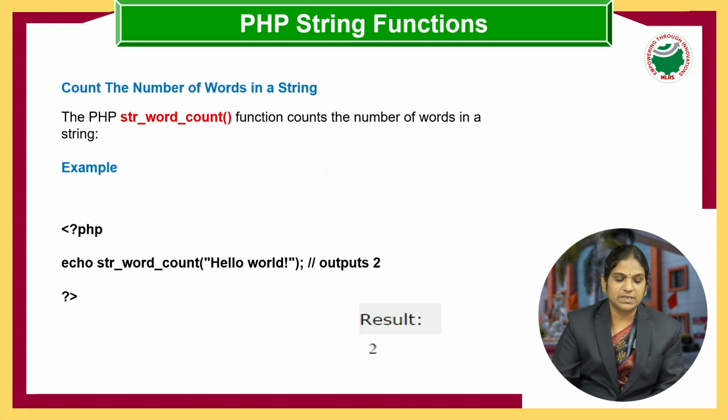And the next function is to count the number of words in a string. The string function name is str_word_count. That is, the count of the number of words in a string can be retrieved by using the function str_word_count, which is going to count the number of words in a given string.